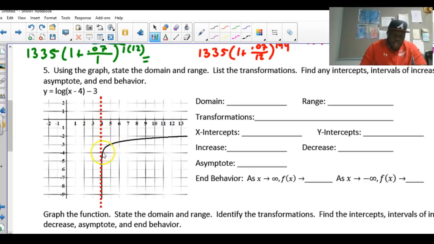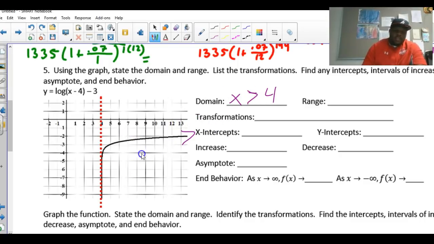See how it continues in the positive direction? It goes that way infinitely. We're going to say for our domain that's all x's greater than 4. It just continues going to the right infinitely, greater than 4, okay?